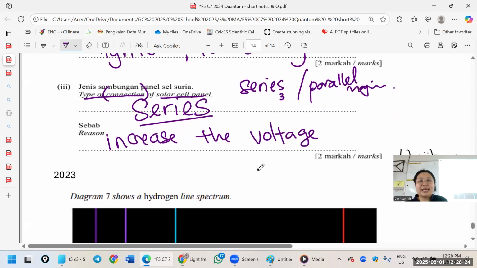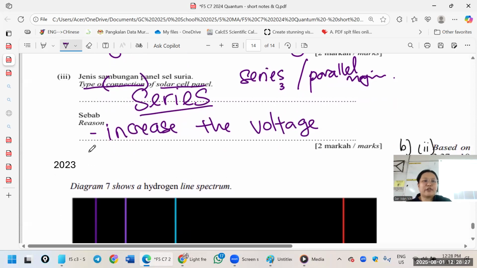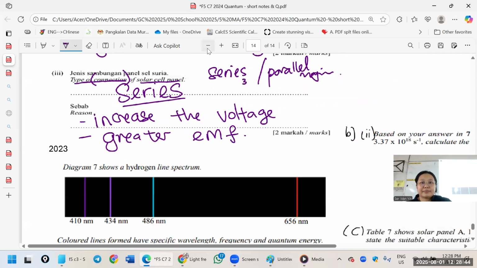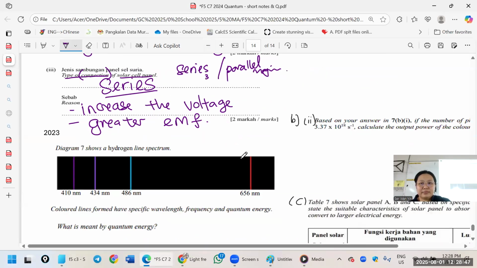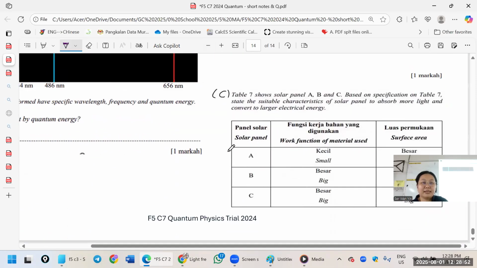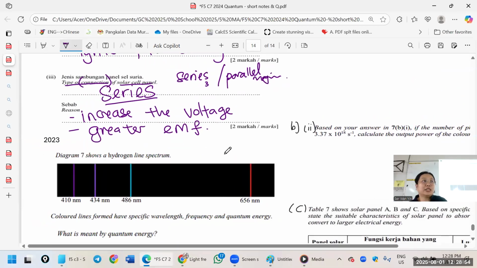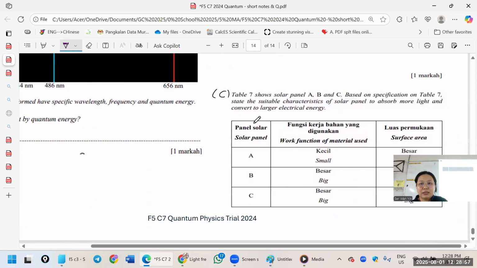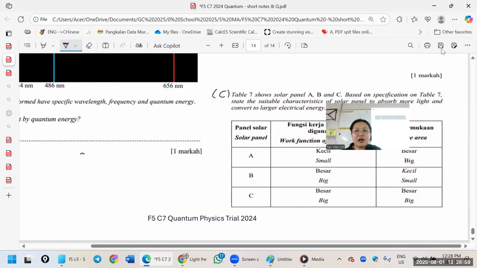By the way, what is the name of voltage from the battery? EMF. Or we can say it will have greater EMF, 可以吗？Potential difference 也可以.